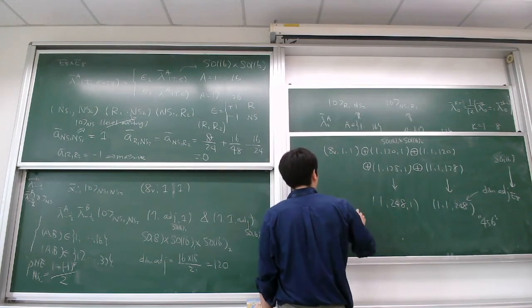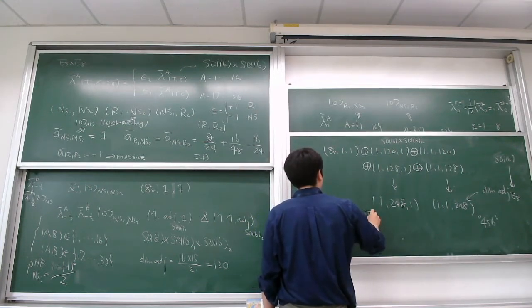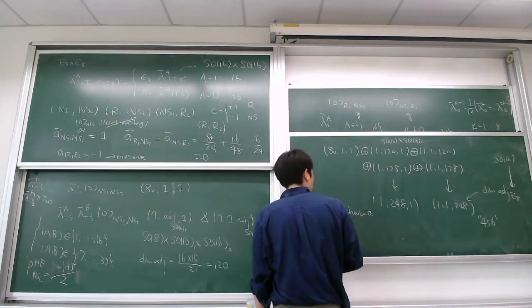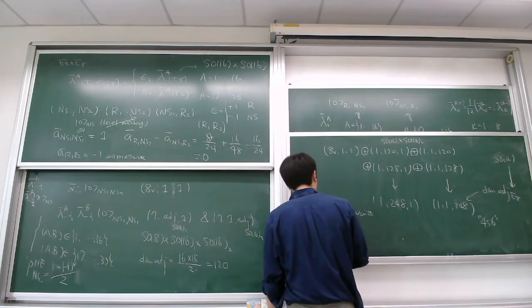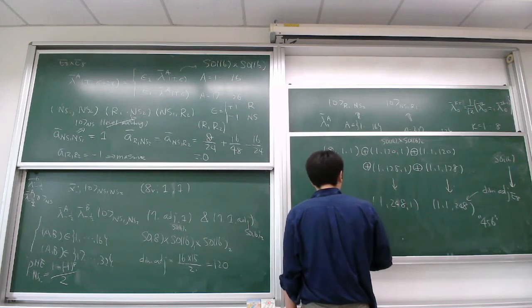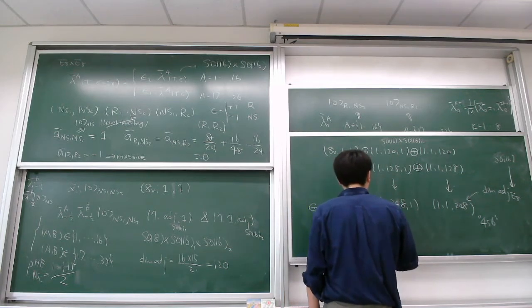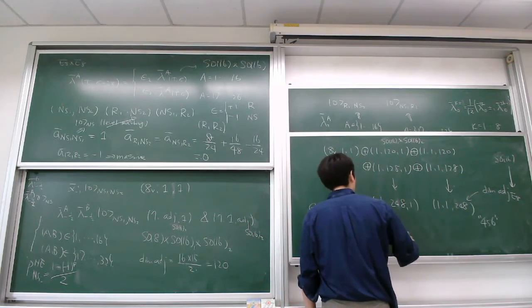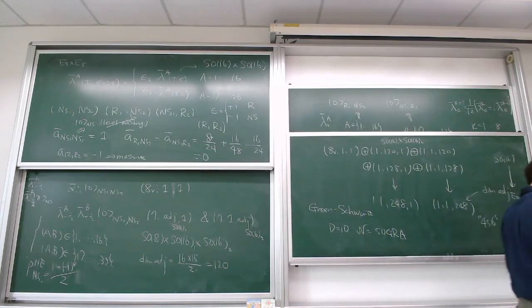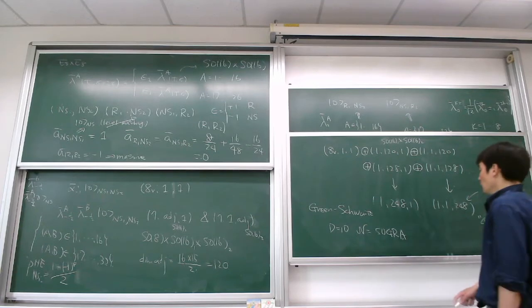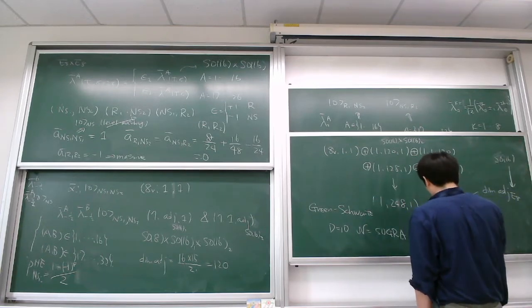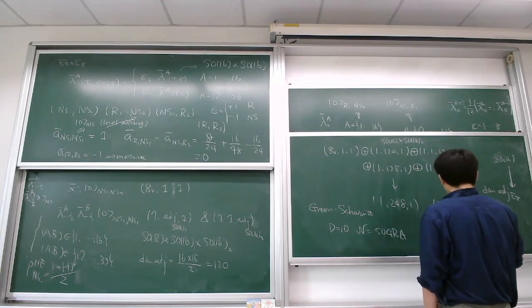I didn't write down the Green-Schwarz mechanism in the lecture notes. It was a big breakthrough: if you consider D equal to 10, N equal to 1 supergravity, the gauge group has to be SO32 or E8 cross E8.